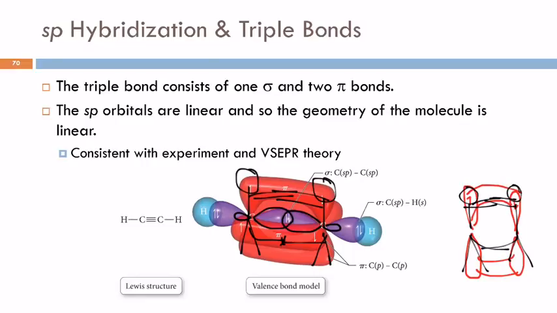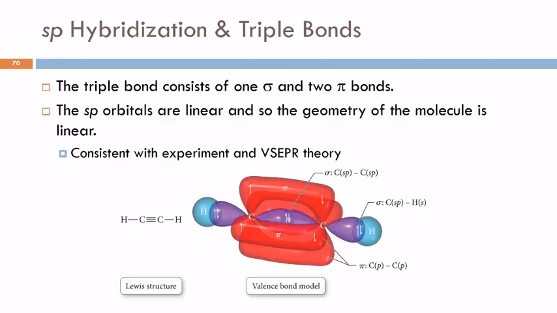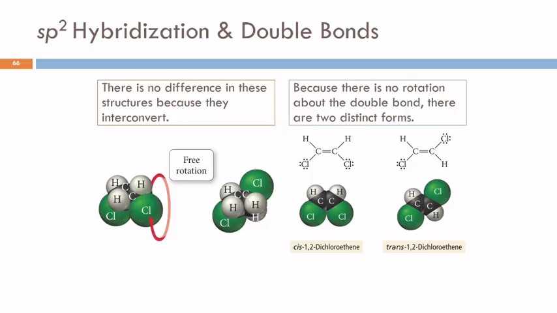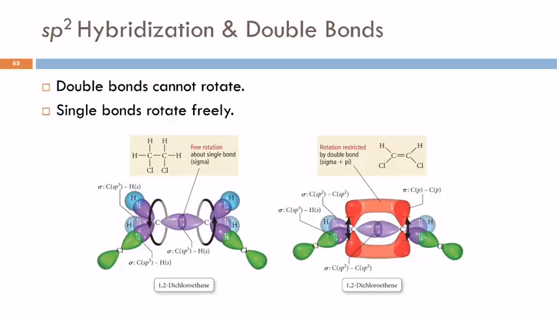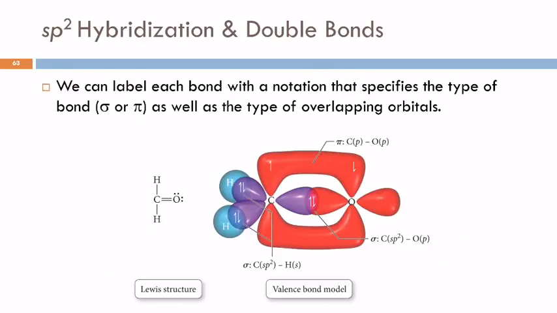Oh, maybe this would be better. Let me try something. So, this might be harder to draw. I'm going to go back to the double bond, because maybe that'll be easier to draw on. So we're not going to be drawing that, right?